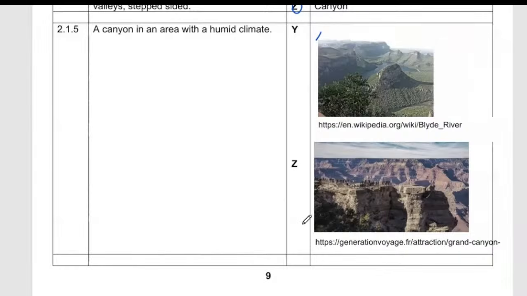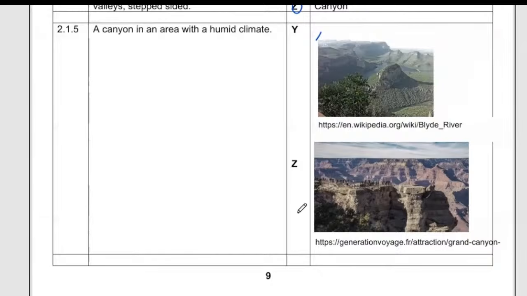By looking at our two illustrations, we can see that typical of areas with humid conditions, we tend to have the development of typical landforms.